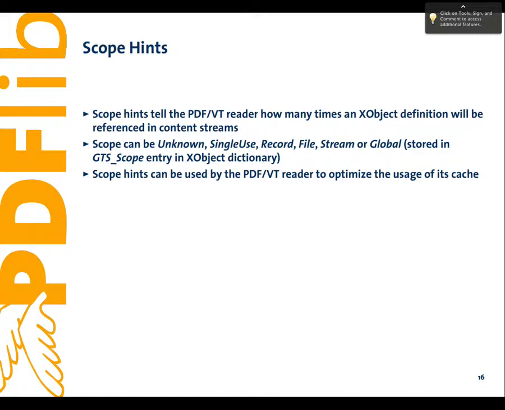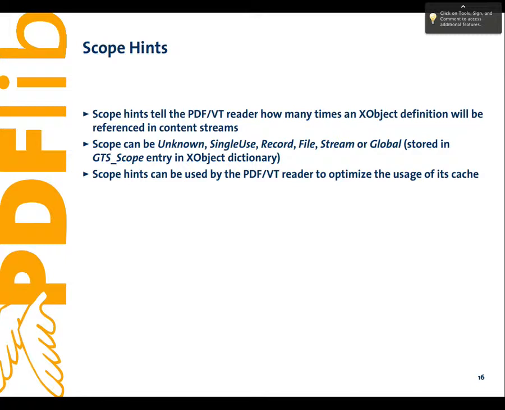So, for example, single use means that the XObject is used exactly once when rendering the PDF file, and this allows the optimization that the PDF reader can throw away the cached rendering of the XObject once it has used it once. So this allows it to free up memory for caching other objects, for example.